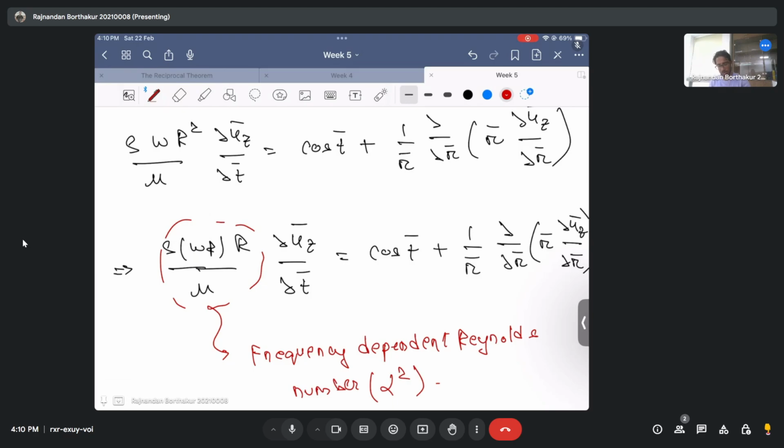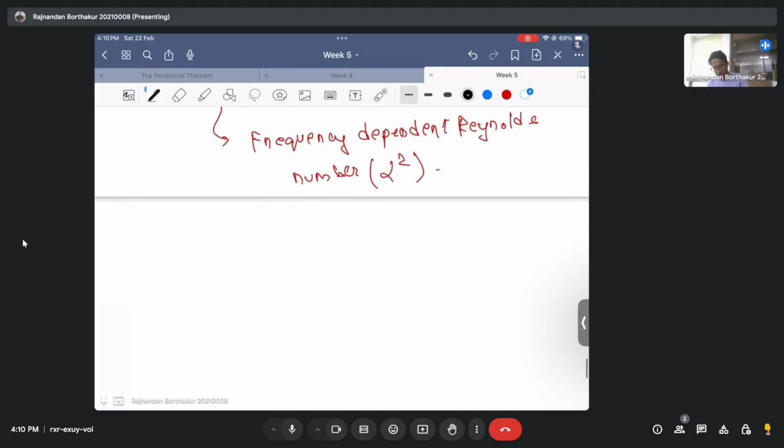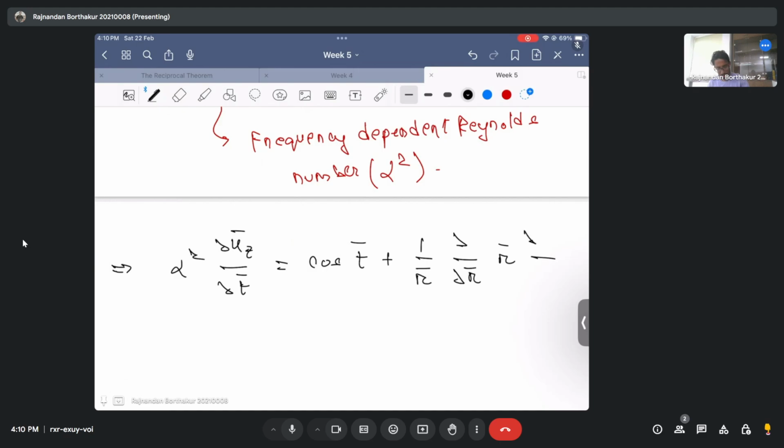Ultimately the non-dimensional equation looks like this: alpha squared times del uz bar by del t bar is equal to cos t bar plus 1 upon r bar del r bar of r bar times del uz bar by del r bar.